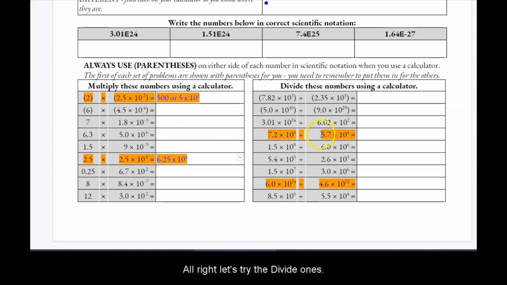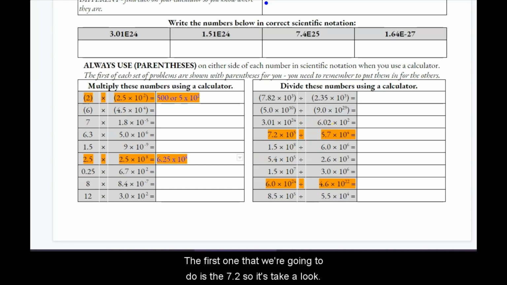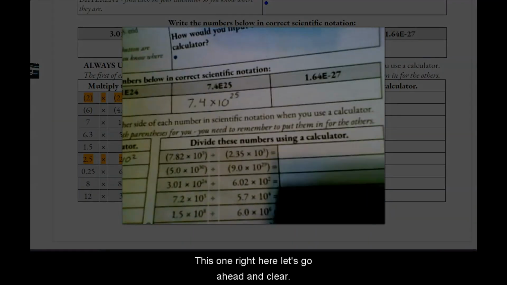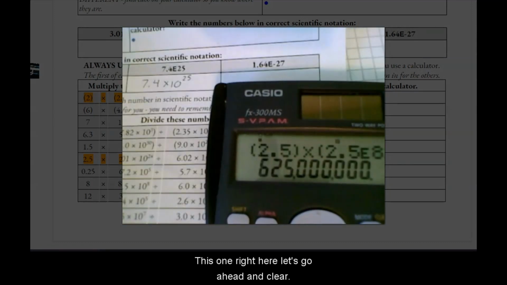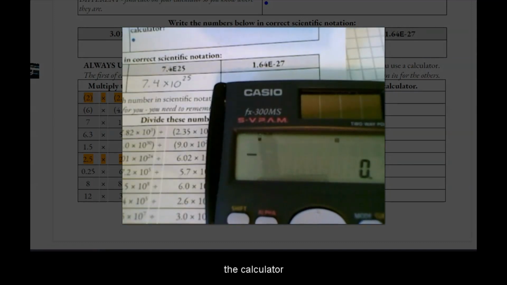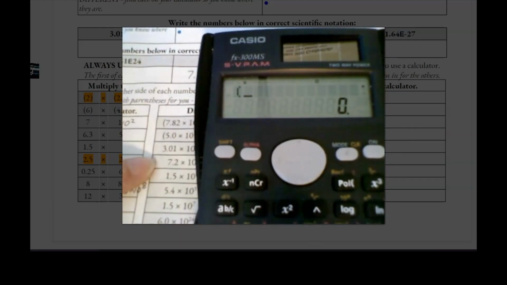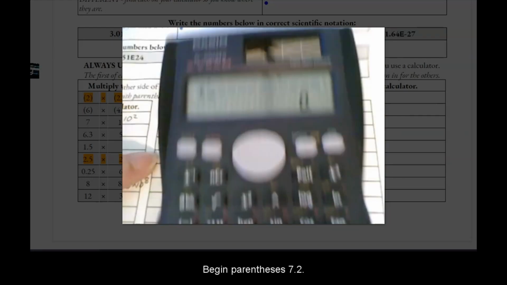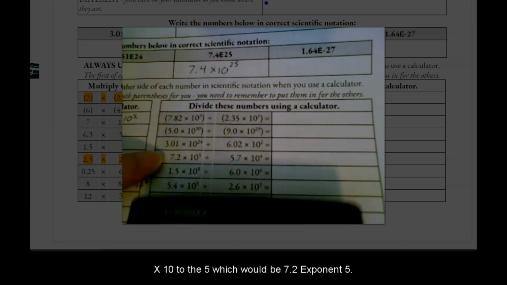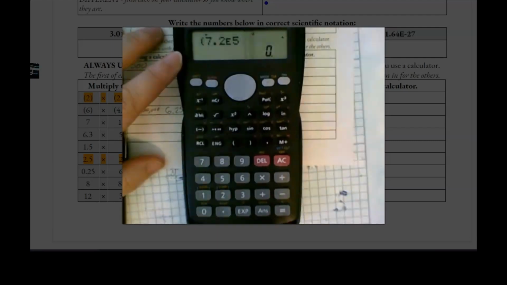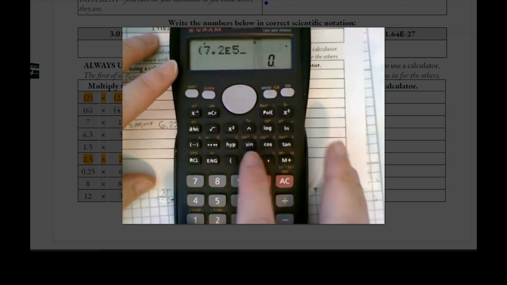Alright, let's try the divide ones. So the first one that we're going to do is the 7.2. So let's take a look. This one right here, let's go ahead and clear the calculator. And we've got, in parentheses, remember, begin parentheses, 7.2 times 10 to the 5, which would be 7.2 exponent 5, end parentheses.